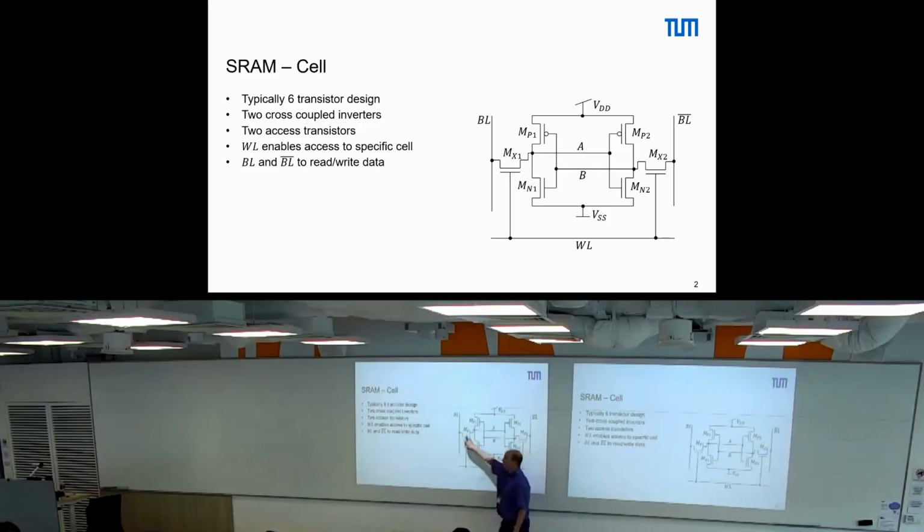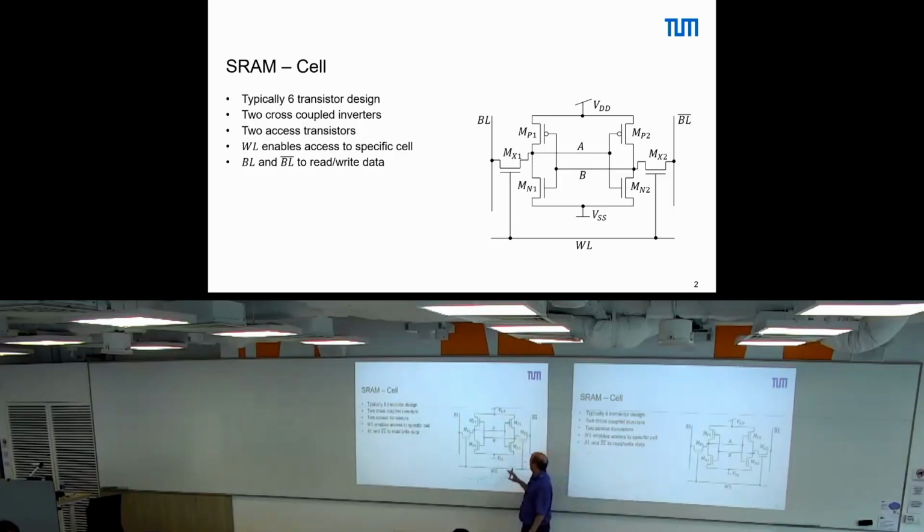Now what comes on top? We have here and here an NMOS transistor, which we can consider just a switch. So if we want to write something to the cell, we close the switch, write our value into these cross-coupled inverters, and open the switch again. And the chip will keep the value as long as we have power supply, nothing will change.